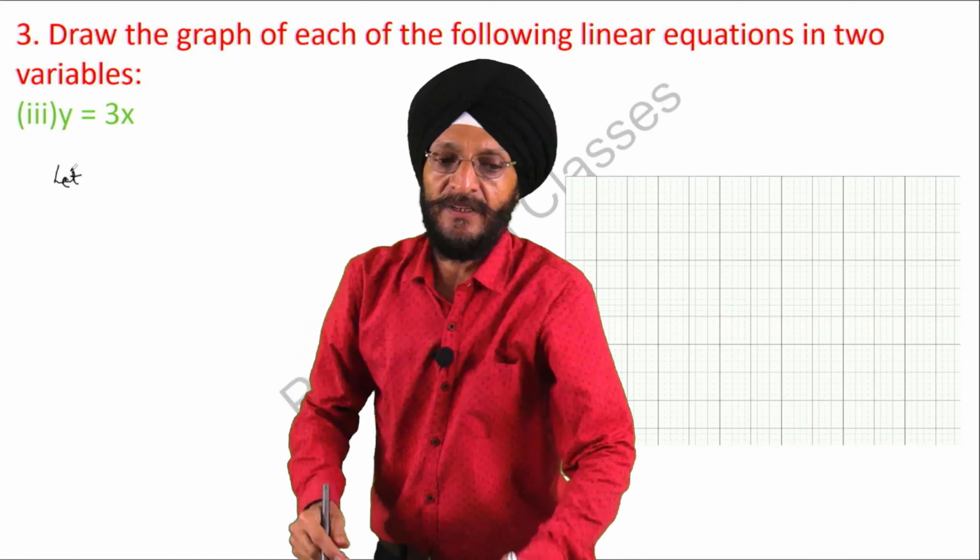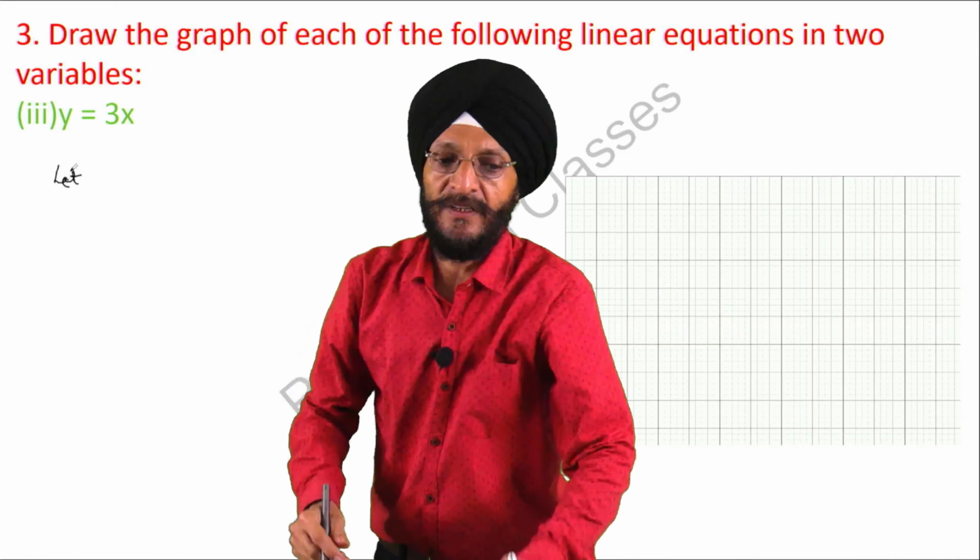When x is 0, y is 0. Now we will assume let x is equal to 1. What happens? The equation given is y is equal to 3x. What will happen? Y is 3 into 1. Y is equal to 3. Now when x is 1, y is 3.